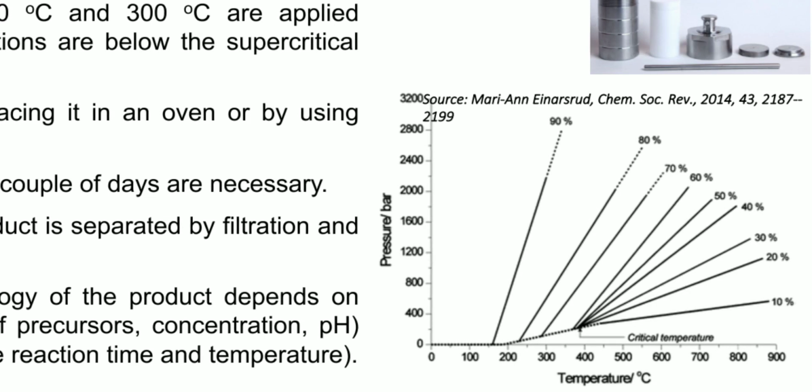This is a very important graph, where you can see that the x-axis is temperature, the unit is degree centigrade. The y-axis is pressure and the unit is bar. Now you see there are different lines, each line representing some volume like 10%, 20%, 30%, 40%, 50, 60, 70, 80 and 90.